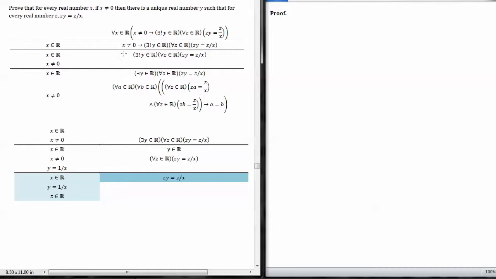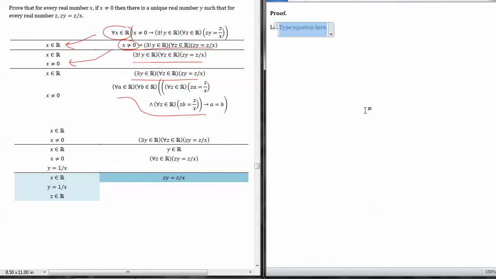So we let x be an arbitrary real number, and we want to prove this conditional, and we assume x is non-zero to leave us with that goal, which will become an existence part and a uniqueness part.